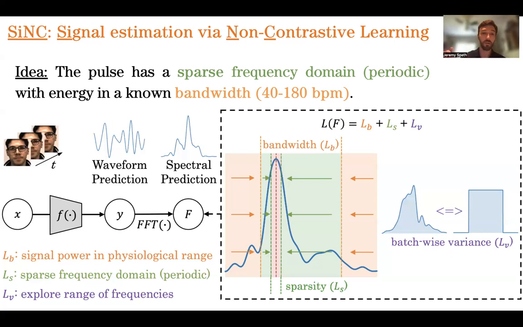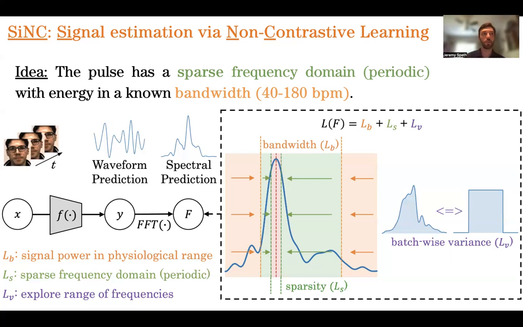The one I just mentioned, bandwidth, penalizes power outside of 40 to 180 beats per minute. We also look at sparsity, so we encourage the model to predict most of the spectral power near whatever the spectral peak is that it predicts. And then lastly, we add this component which encourages batch-wise variance.